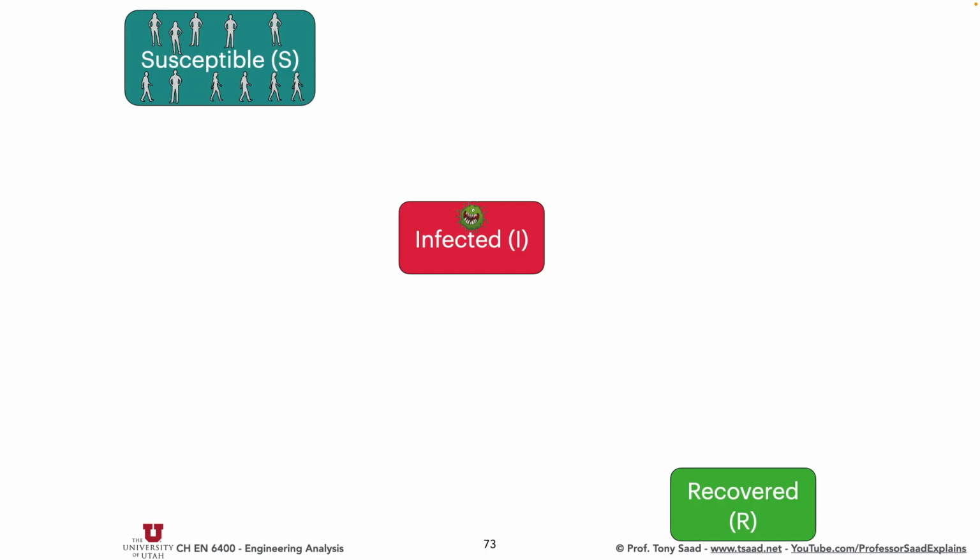And then a compartment of people who are infected, and then a compartment of people who have recovered. And I want to find a way to connect all of these 3 together, because the interaction of a susceptible person with an infected person is going to cause an infection, and then they're going to infect others, but they're also going to get recovered. So there's a balance going on between these 3 compartments.